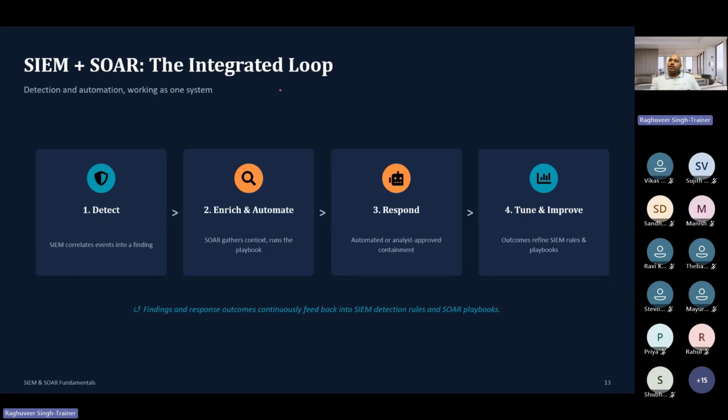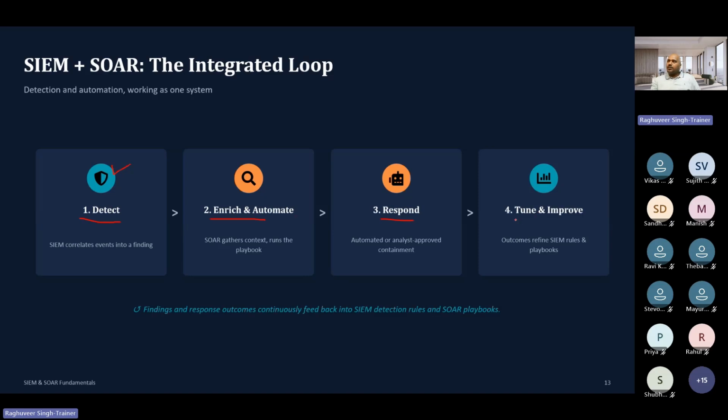Okay, now when you integrate SIEM plus SOAR, what happens? The SIEM is responsible for detection. The blue icon is for SIEM and the yellow one is for SOAR. So SIEM is doing detection. SOAR is simultaneously helping SIEM to enrich, automate and then respond to that detection.